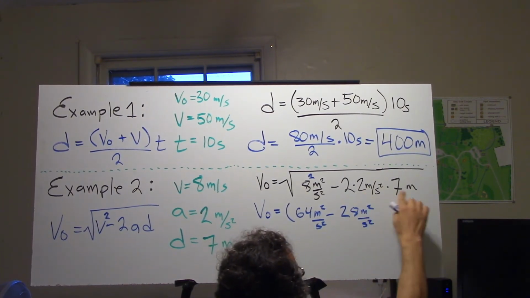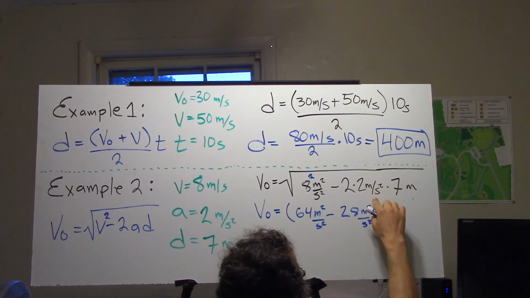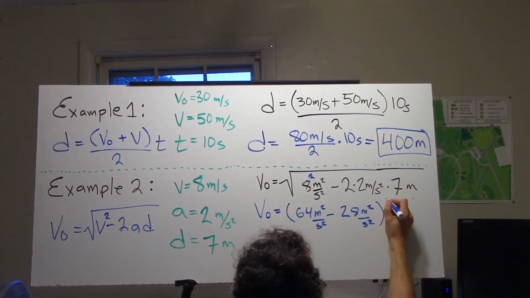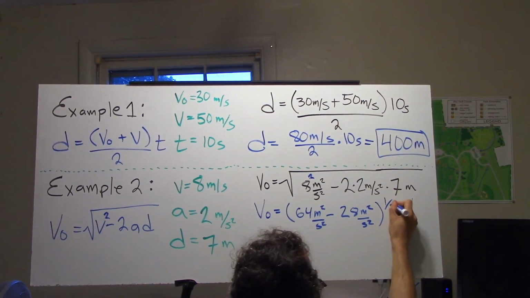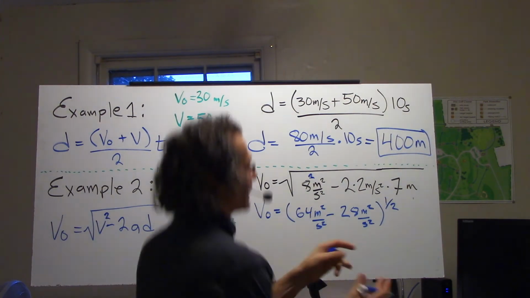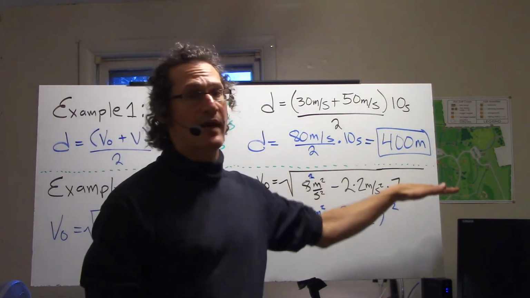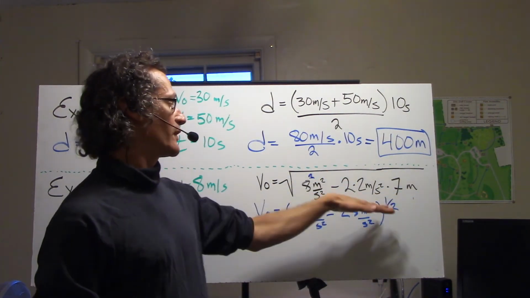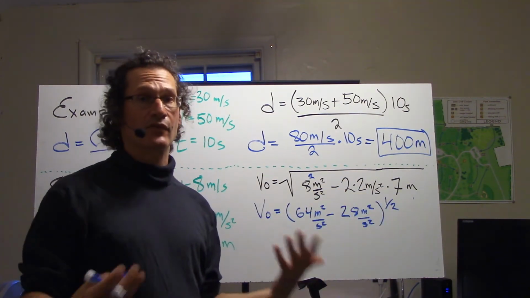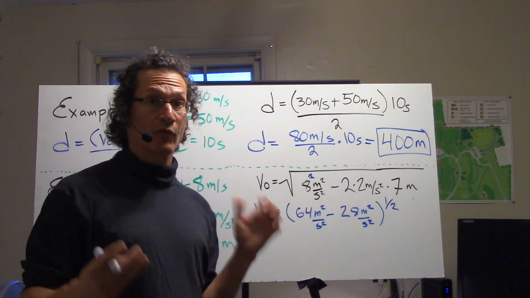Meters times meters is meters squared, divided by seconds squared. And then the whole thing is actually raised to the 1/2 power, which is the square root. So in effect, we have to evaluate everything under the radical, which represents the parentheses, do that, and then lastly, we'll take the square root and we'll all be quite happy.